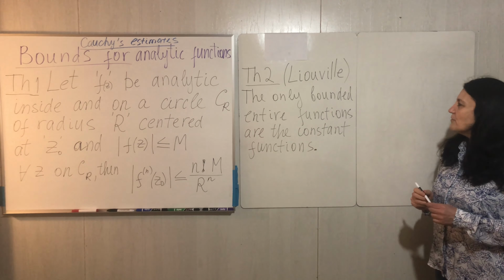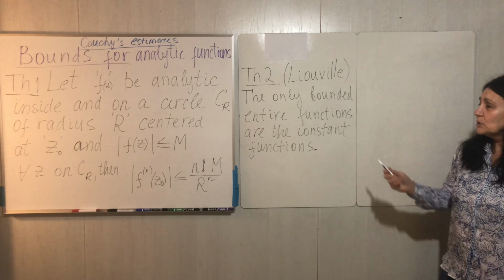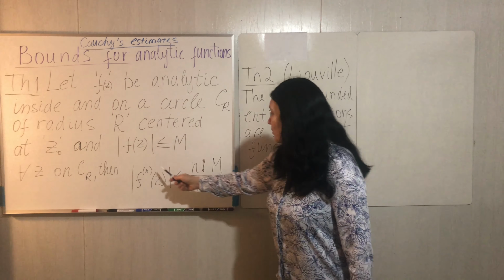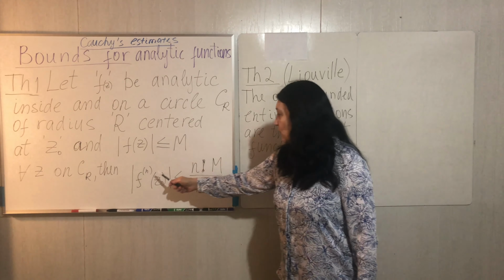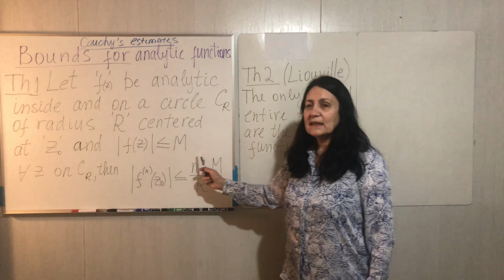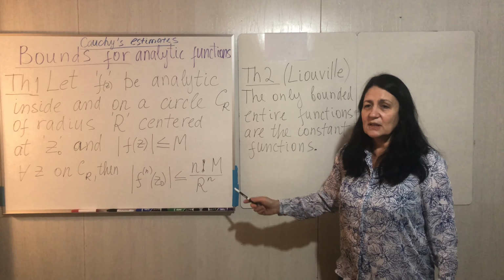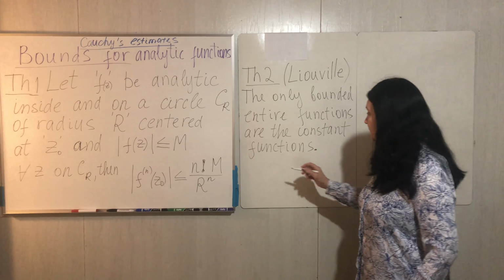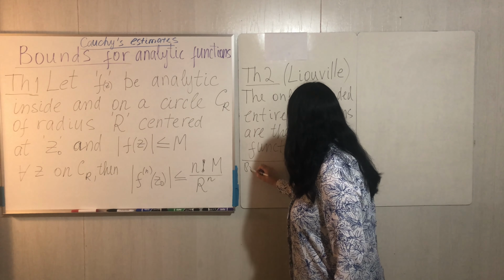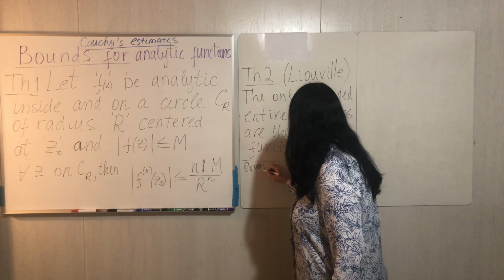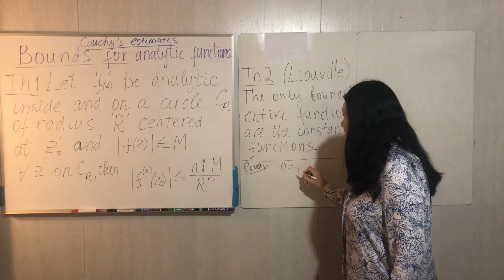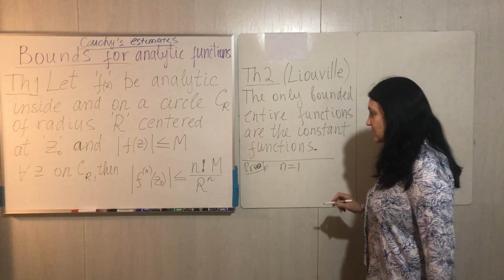And this is really easy to see from Cauchy's estimates, from this formula. So let's take this formula and apply it to the first derivative, when n equals 1. So, the proof: let's take n equals 1 in Cauchy's estimate.